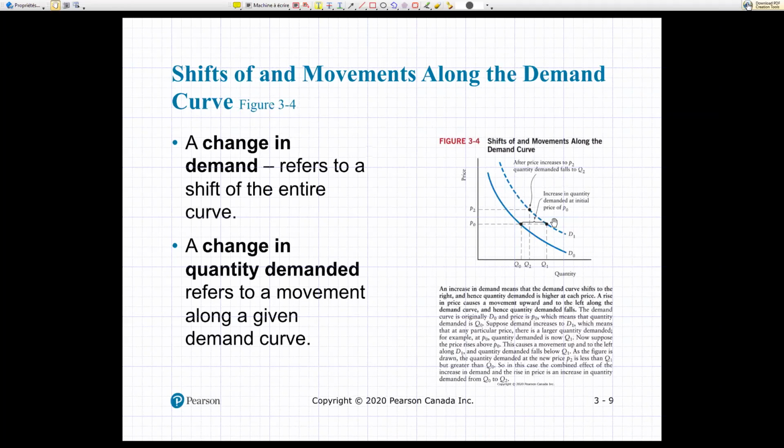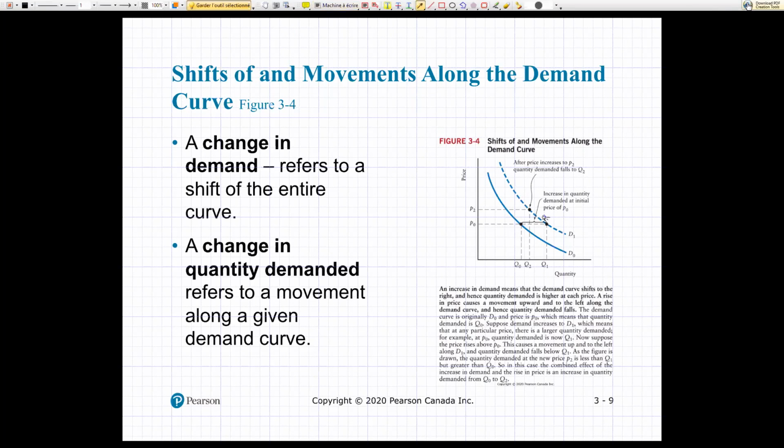I think it's a bit confusing to present it this way, but that's basically what I've been saying for the last 5-10 minutes. Change in demand refers to a shift of the entire curve, so it's from D0 to D1. A shift on the demand curve would be a shift from P0 Q1 to P2 Q2, for instance.